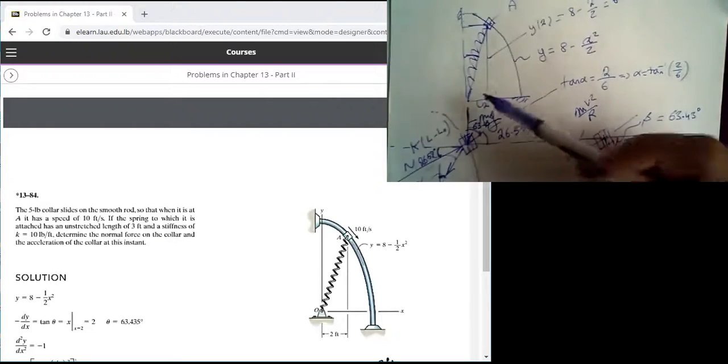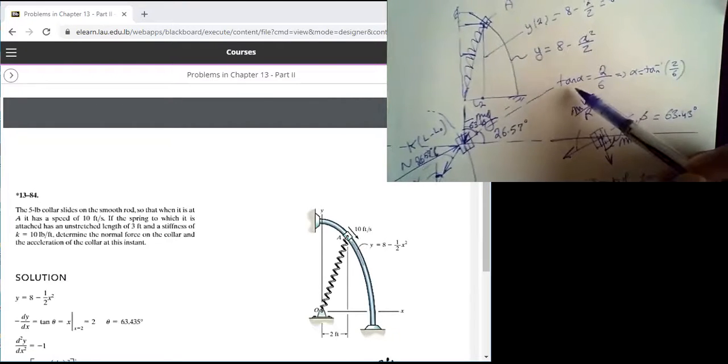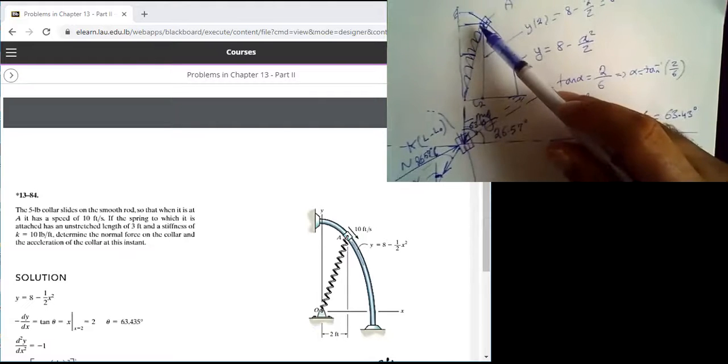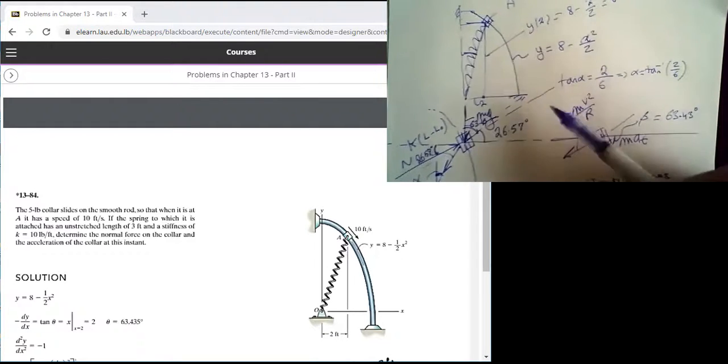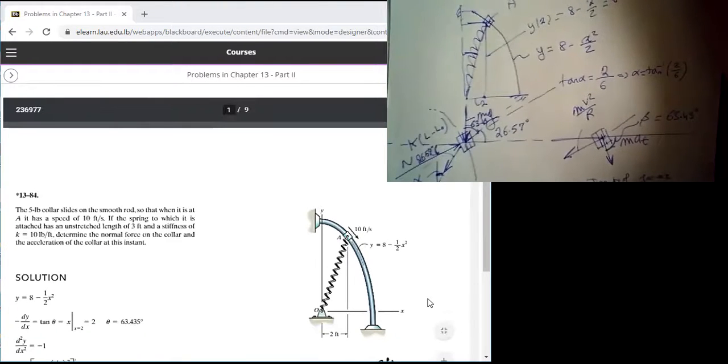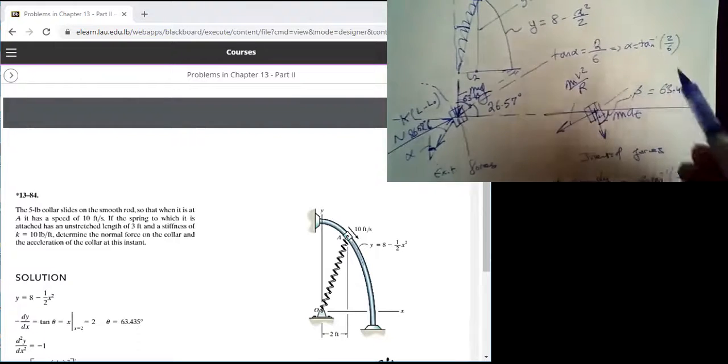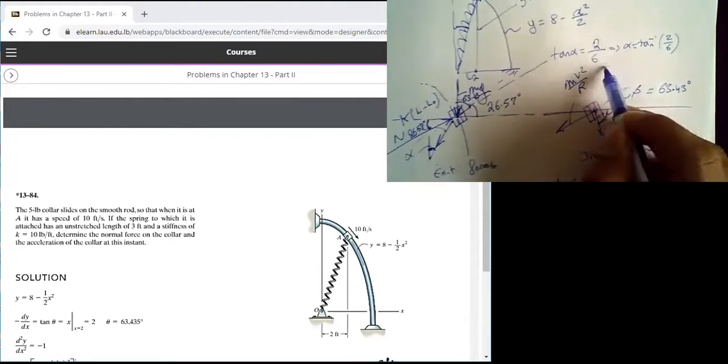So we know alpha, right? Tangent alpha is 2/6. So we can get alpha. Did you guys understand how we got alpha? Okay, great, awesome. So we have alpha. Can someone get me the number? What is alpha?